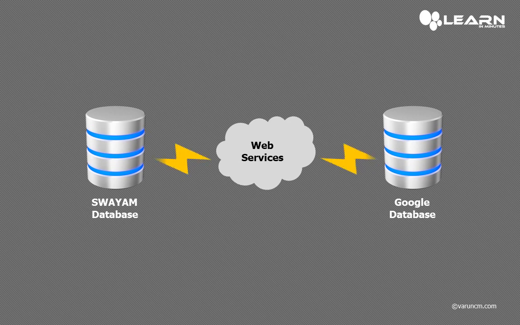And the Google, what it does is it immediately won't give the data to whatever request it comes. It validates whether the WSDL file, the contract that we receive from the client, is a validated one, whether it has come from the authorized person.